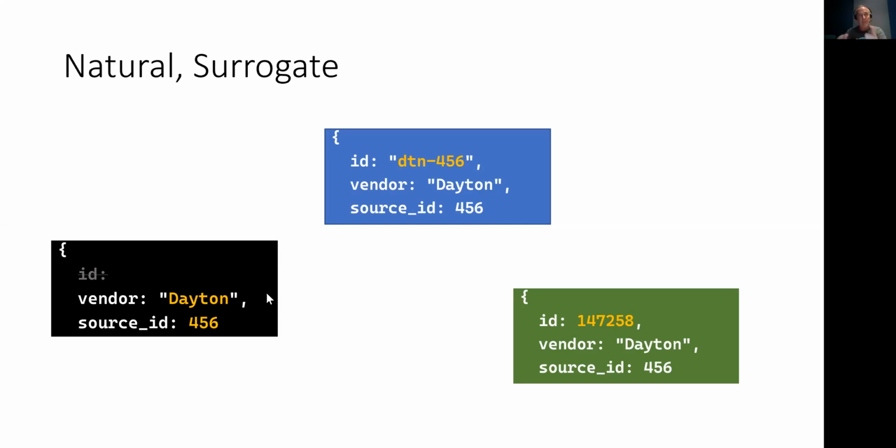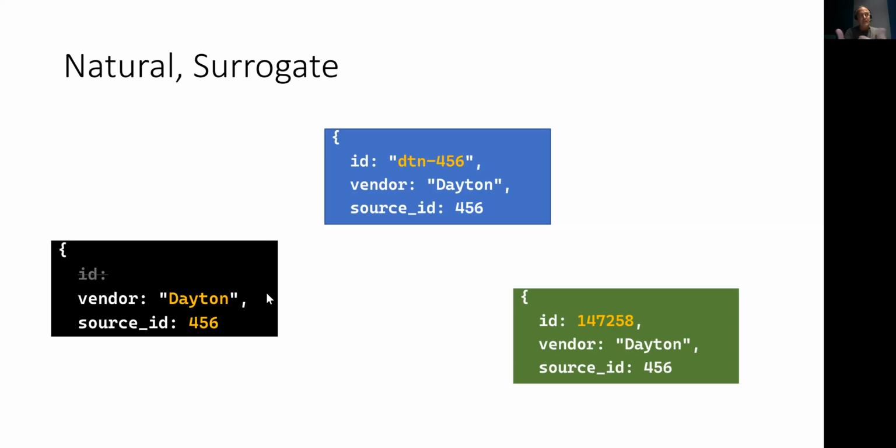Because it has some meaning. I can parse this data in my brain and say it has some meaning. But I would say this is kind of like a surrogate key, because even though in my brain I can parse it, I can't join on it, right?